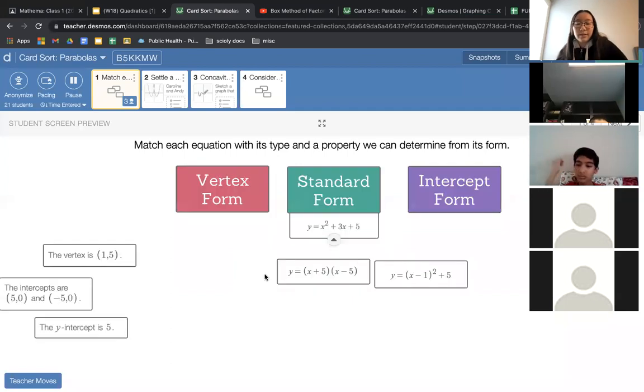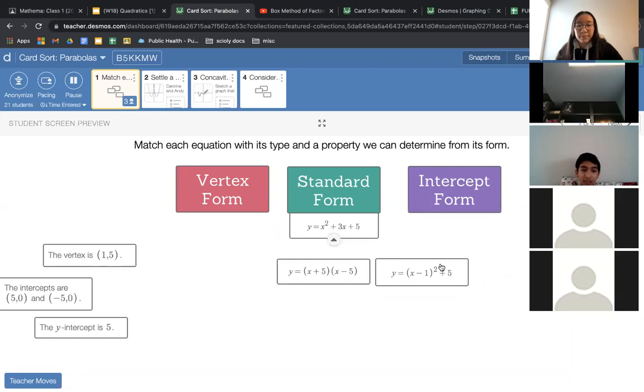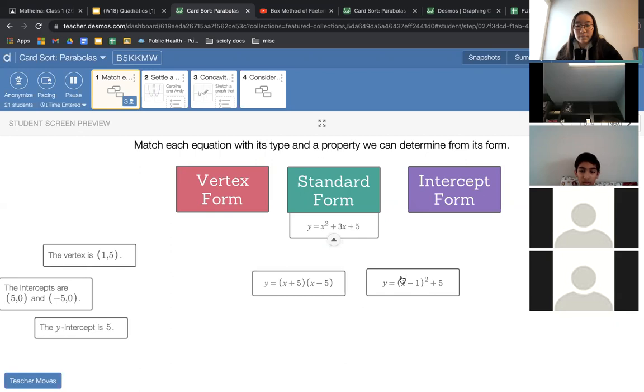All right. So between the 2 we have left, does anyone want to take a guess at which is intercept form? It's the one where it says intercepts, like the y-intercept is 5. I think she means just between these 2 right here. Those 2, it's probably going to be y equals x plus 5 and x minus 5.